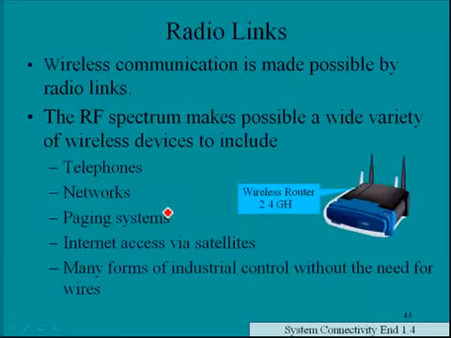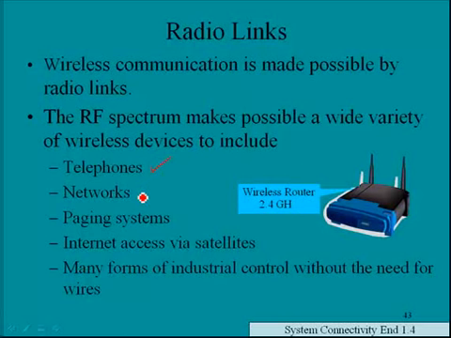Okay, radio links. Wireless communication is made possible by radio links. The RF spectrum makes possible a wide variety of wireless devices to include, and this is not all encompassing, but just a few of the things: we have wireless telephones these days.